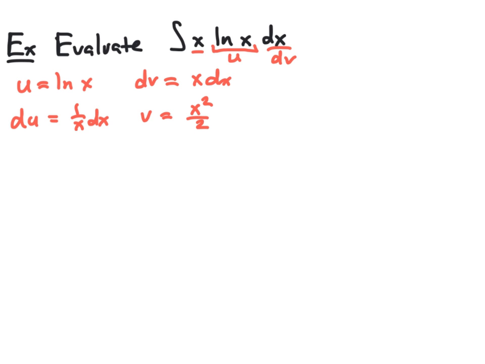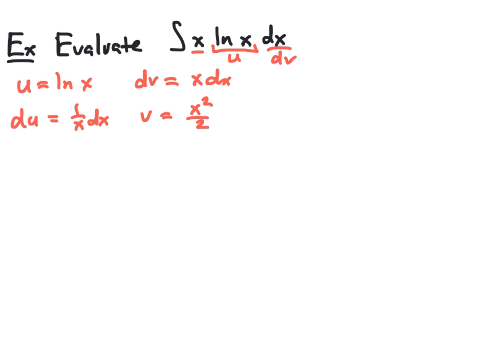Now, this does seem to violate that final guideline from the previous screen that said v should be simpler than dv. But notice that this is a case where we really don't have a choice because we need to pick u to be natural log x since we do not know an antiderivative of natural log x.